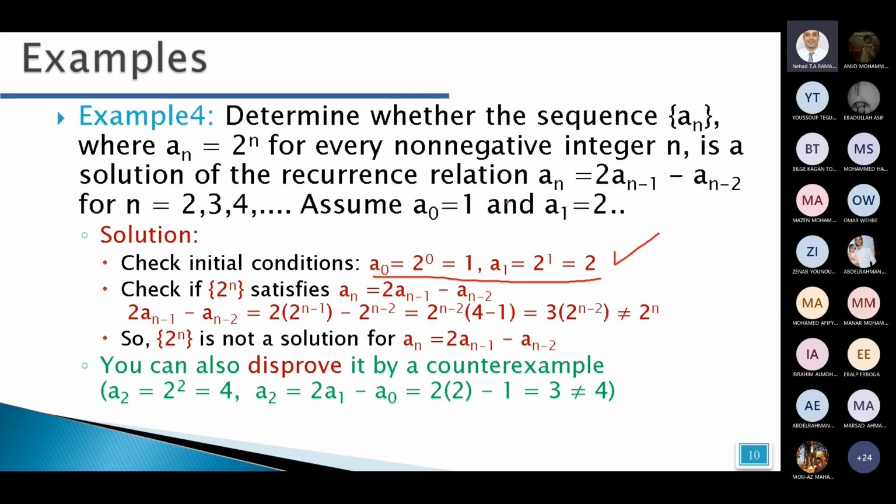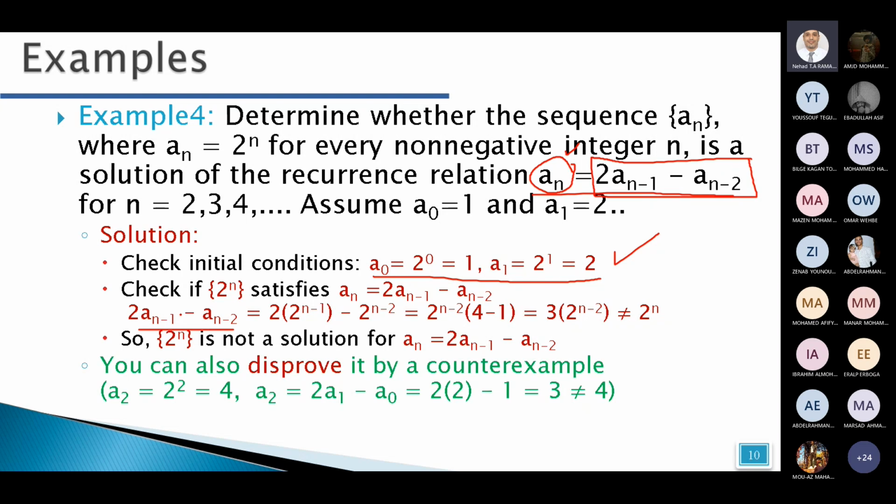That's not enough. We have to check it for the recurrence relation. To check it for the recurrence relation, we start from one side of the recurrence relation and try to get an. If we get an, then it's correct. Let's try to apply it. We start from the right side.